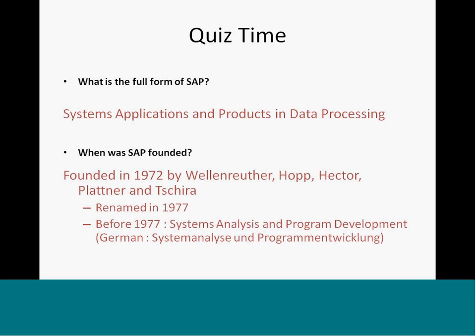It was founded in the year 1972 in Waldorf, Germany, by five German engineers who were ex-employees of IBM. They quit IBM and started SAP in 1972. Their names are Wellenreuther, Hopp, Hector, Plattner, and Shira. This is a brief introduction about SAP.